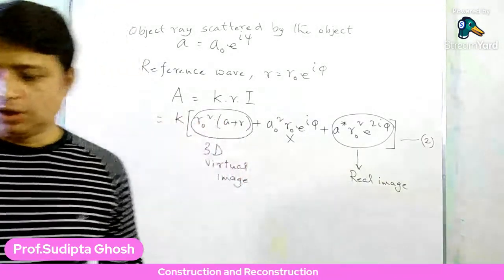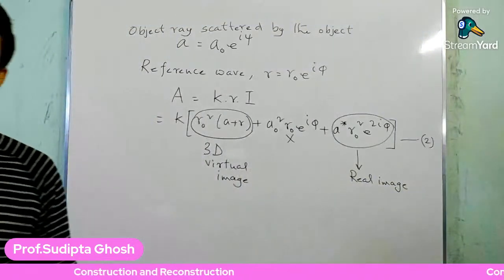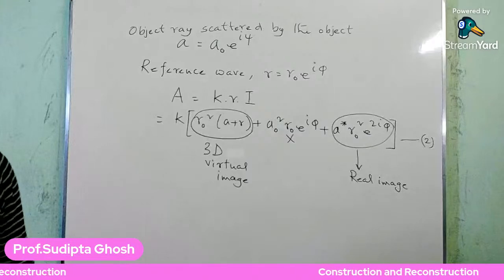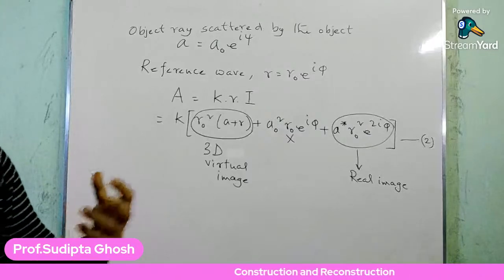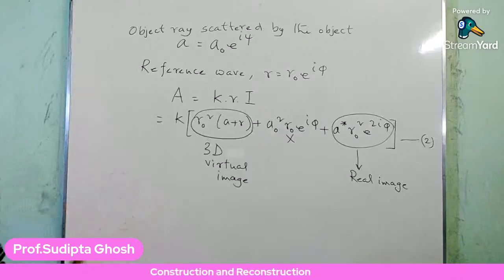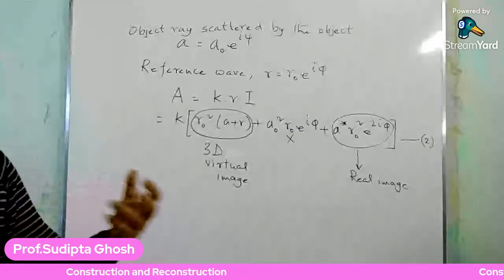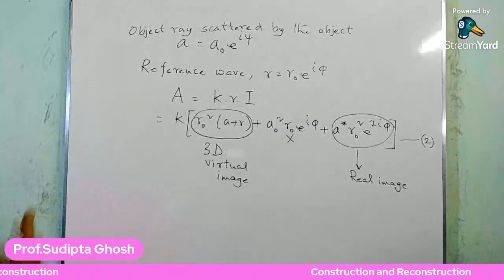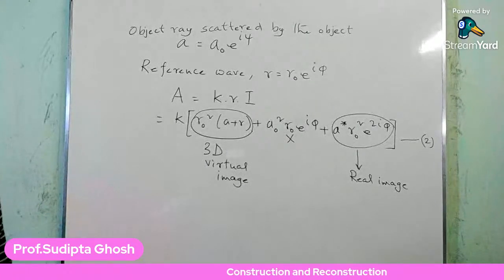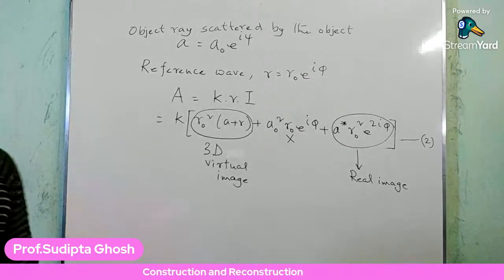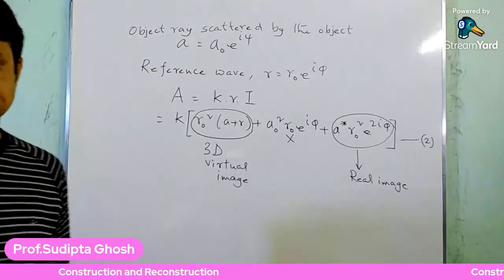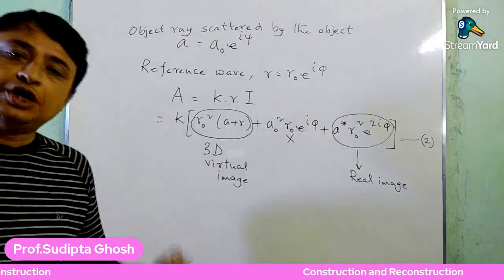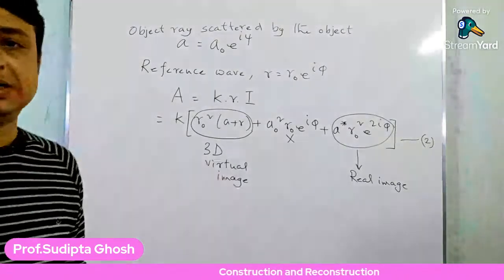Okay, a single hologram can record a large number of images, and this is another important difference between photography and holography. And another aspect of a hologram is that a small portion of the hologram can reproduce the entire image.